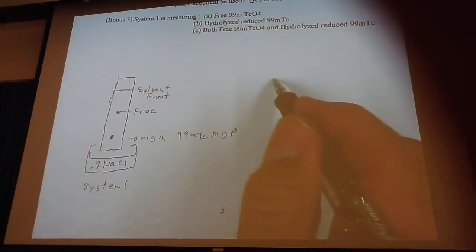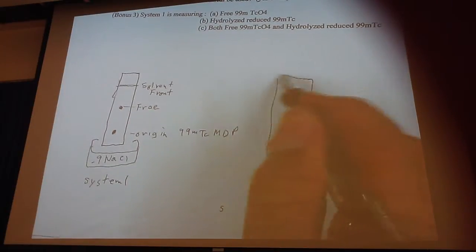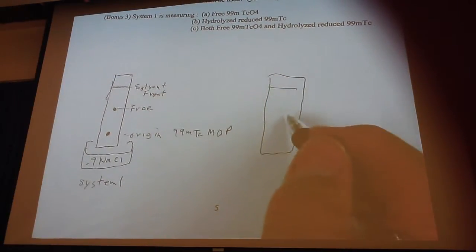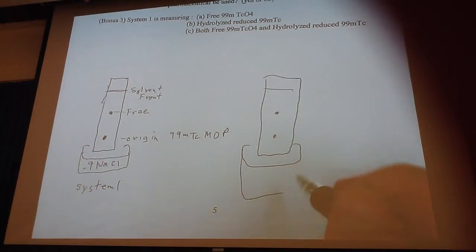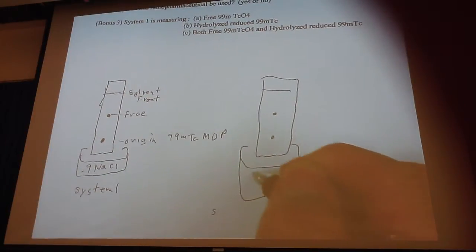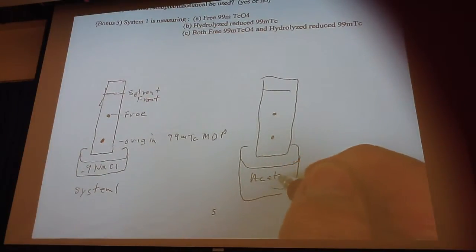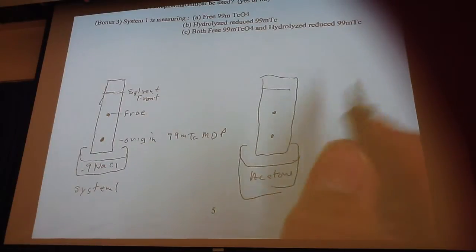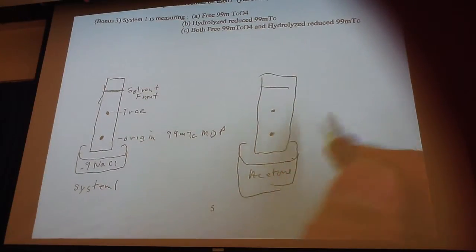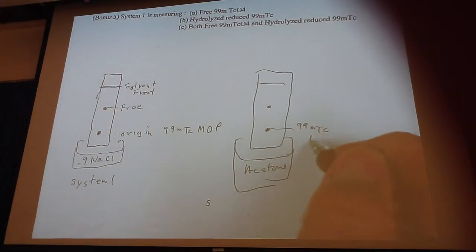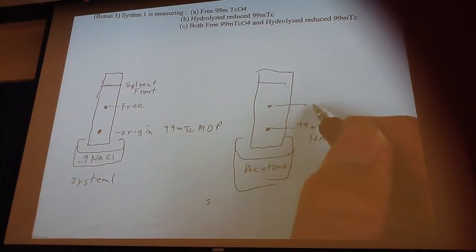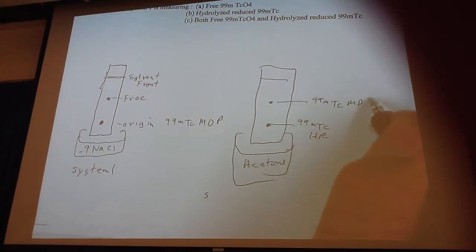And then system 2 is the same thing, except normally we use things like acetone or something else in here. And in this one here, the hydrolyzed reduced technetium doesn't move, and your technetium MDP does. So it's just the opposite.